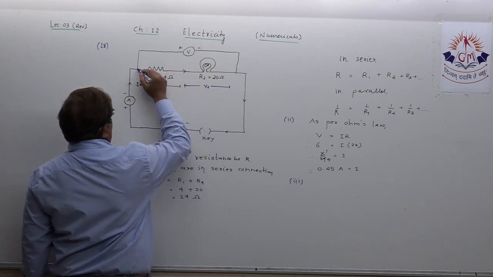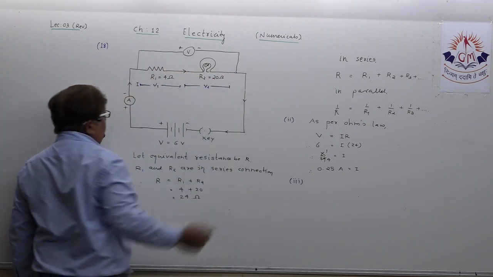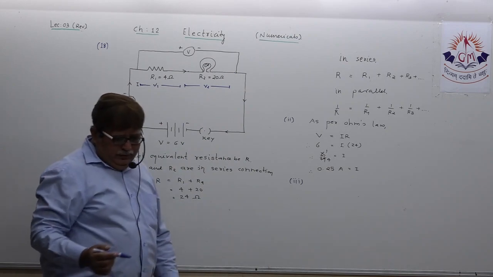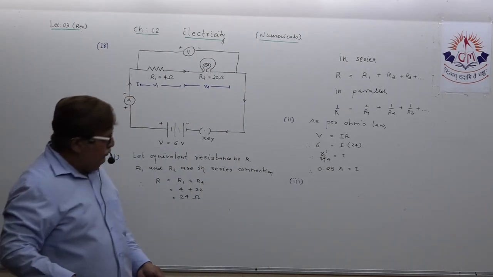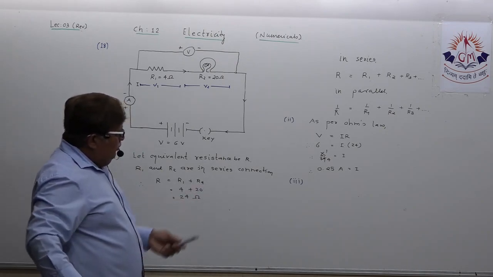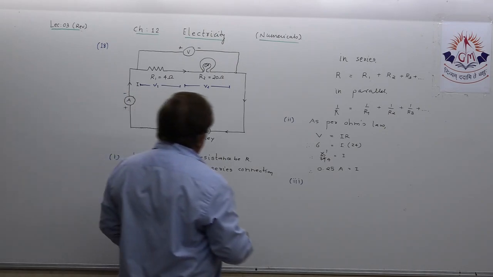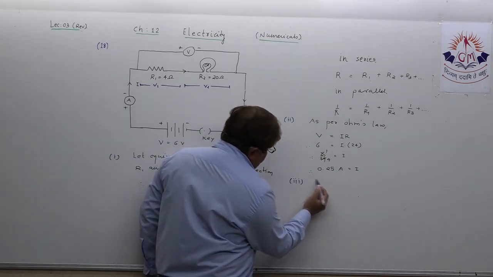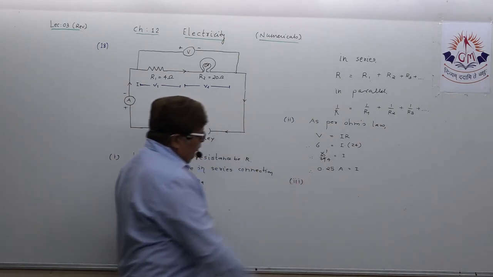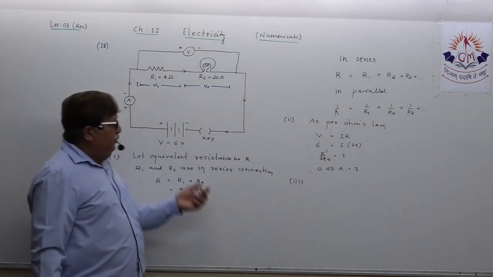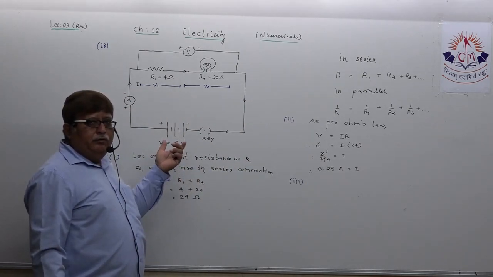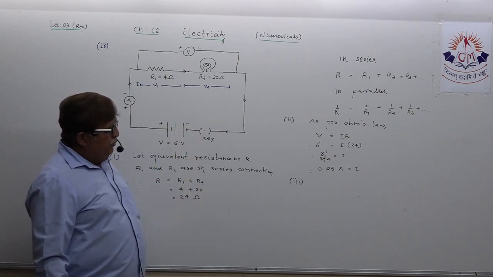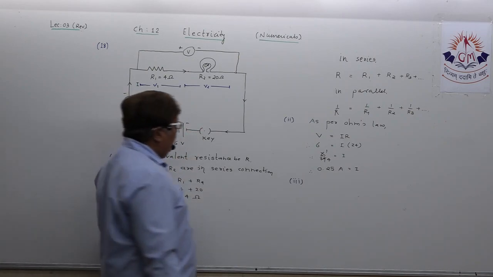So we need to find V1 as well as V2. Before that, you need to mention that V1 is the PD across R1, V2 is the PD across R2.